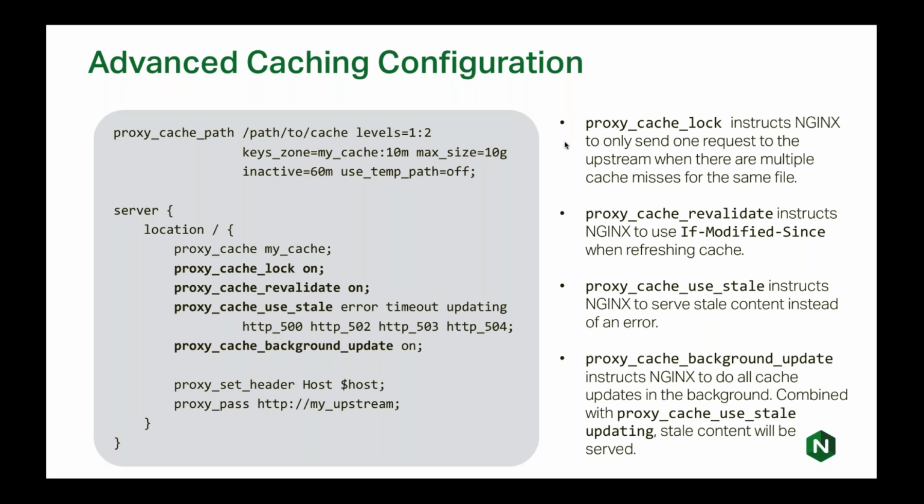Rather than having that user wait while nginx goes back to the origin server and refills that file, especially if it's a video file that's a couple gigabytes in size, and that operation can take some time, what you can have nginx do instead is just give that stale version of it to the user and then refill in the background. And so by using proxy cache use stale updating combined with proxy cache background update on, you can accomplish that.